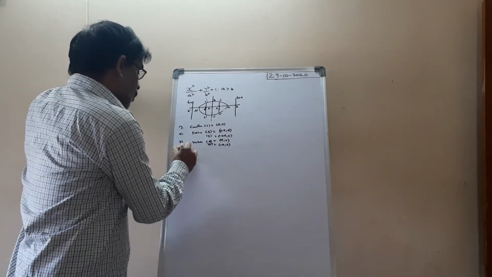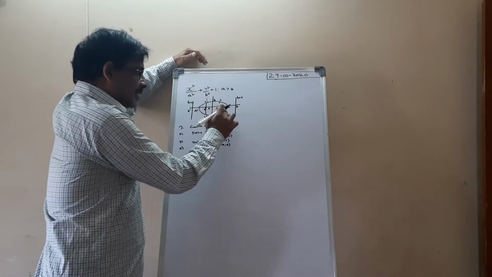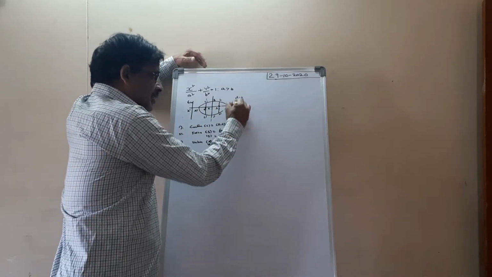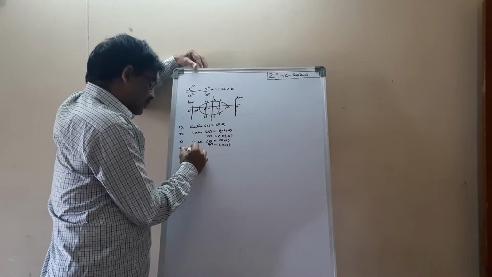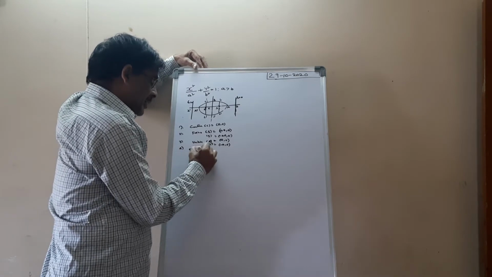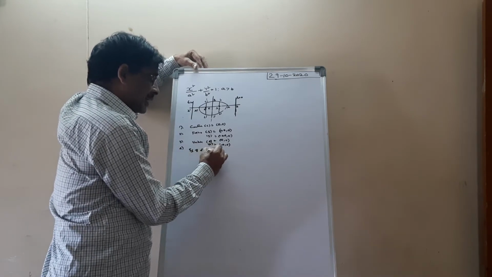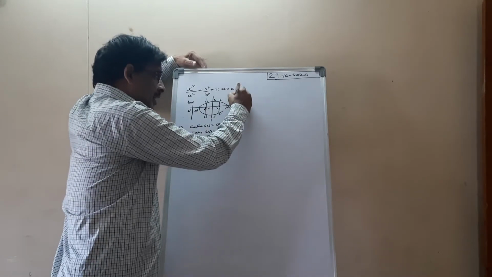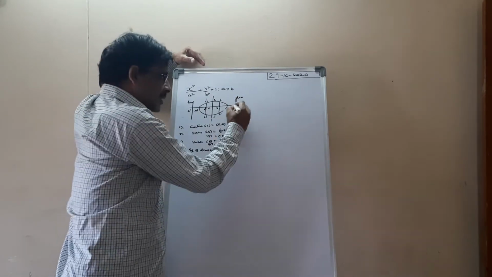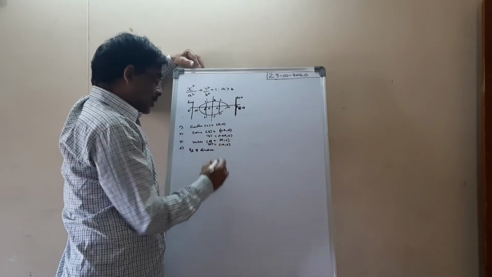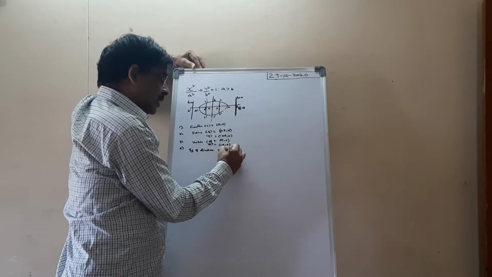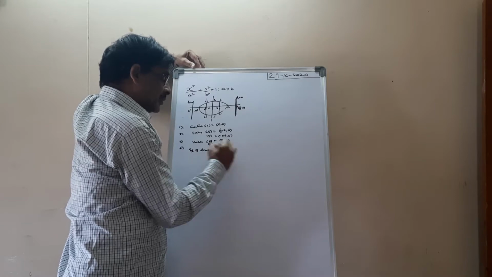Next, fourth one, after vertices, this is the directrix. Equation of directrix. This line is passing through the point A by e, 0. So equation is x equal to A by e.